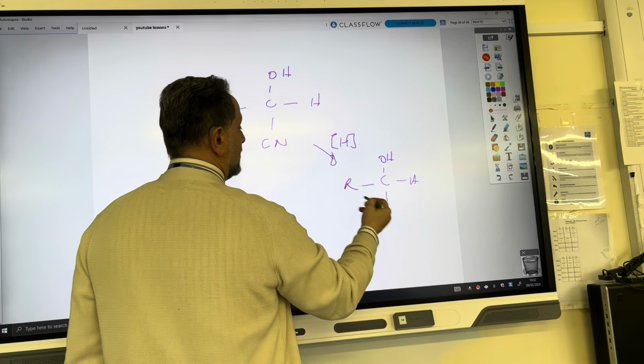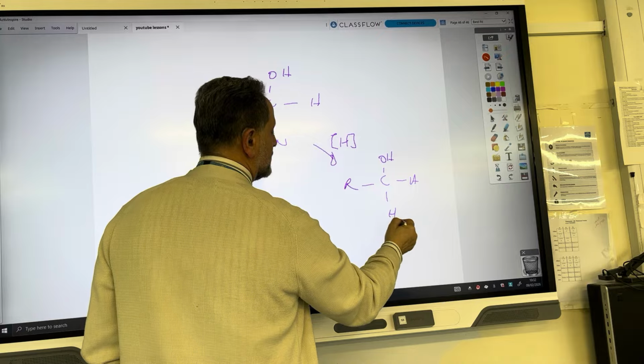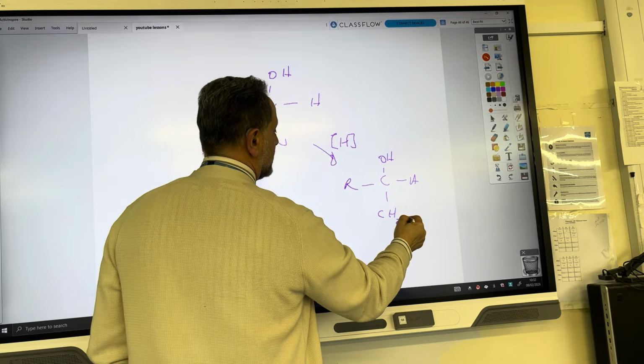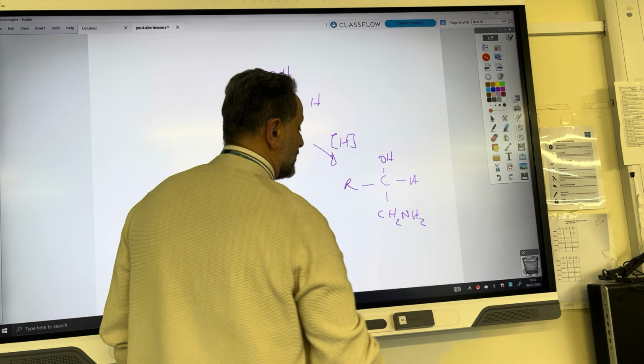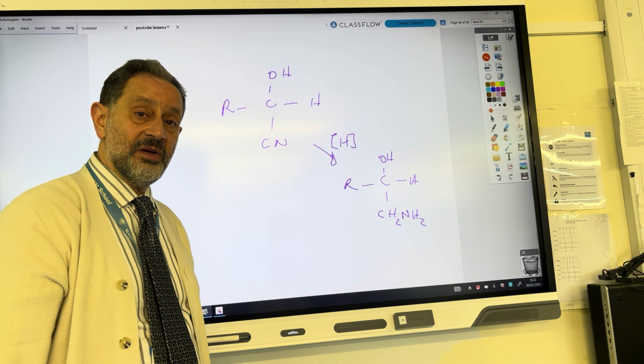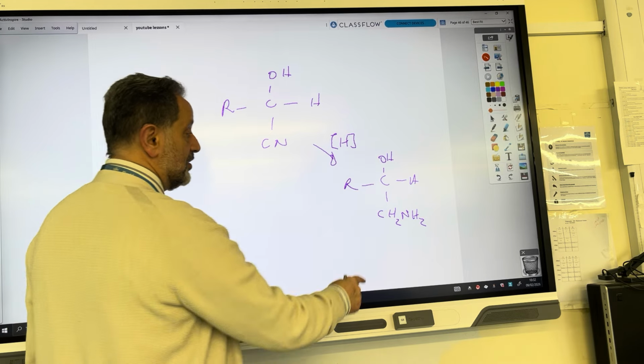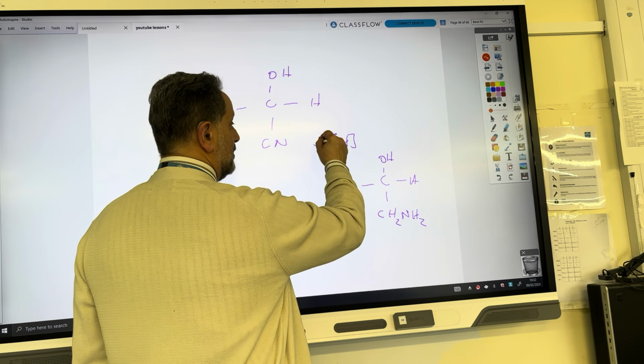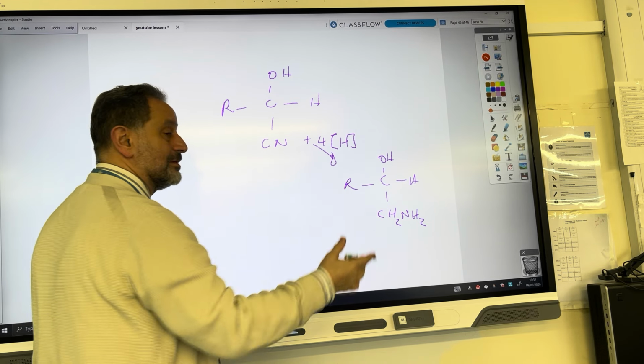Your carbon will take 2 hydrogens, and your nitrogen will take 2 hydrogens. Oh, so we've actually converted it to the corresponding amine by reduction. But obviously there are 4 hydrogens there.